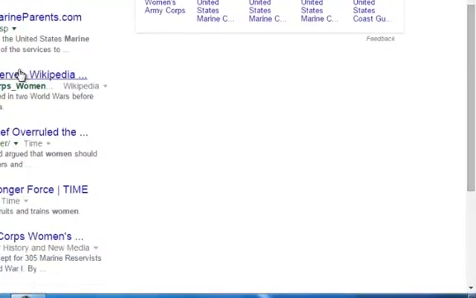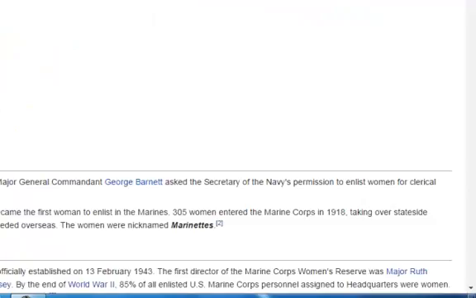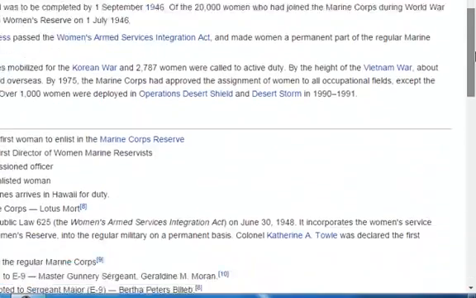I sometimes use Wikipedia just to get a general idea of the situation, not for citing or pulling sources from, just to get ideas from it.